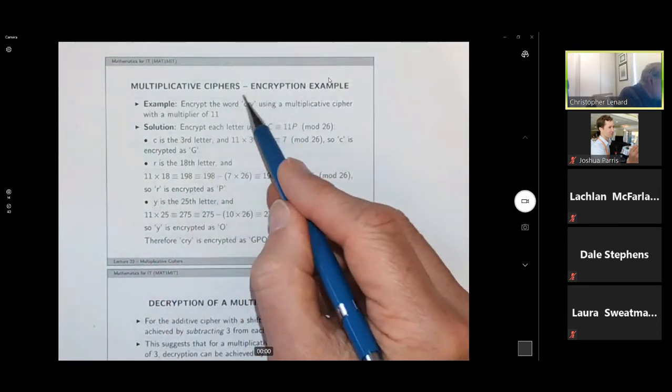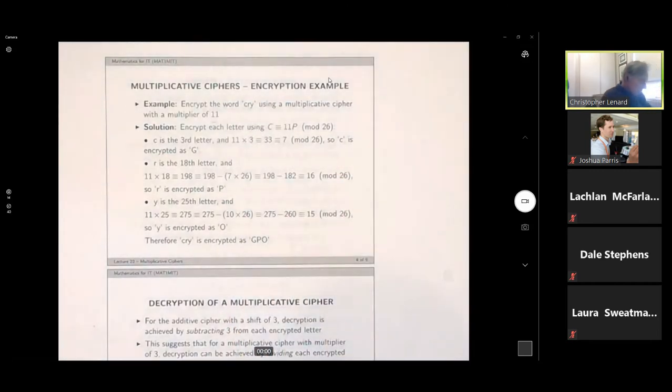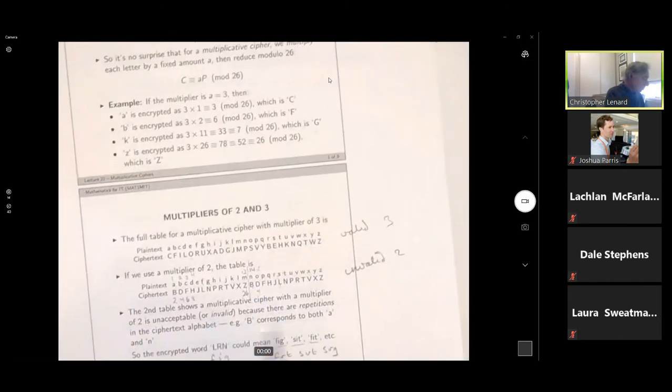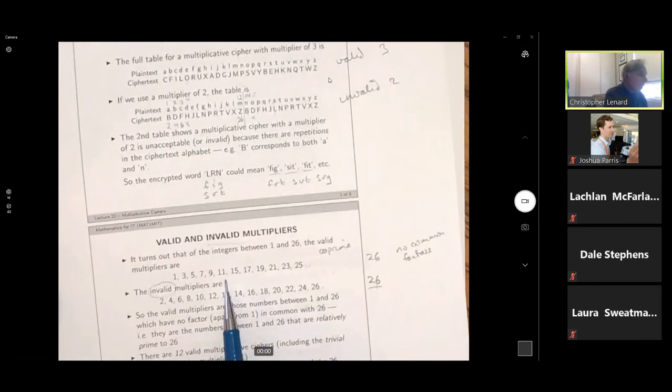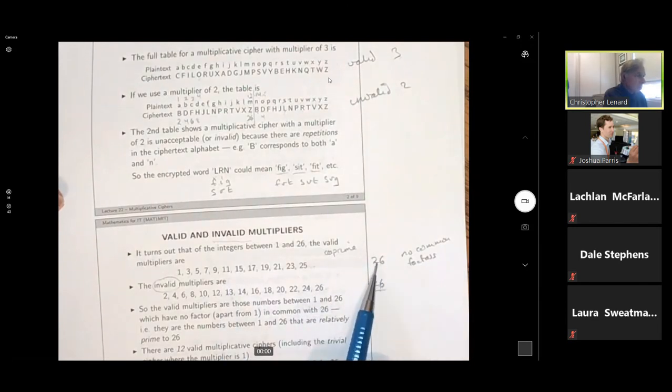So we've got plain text cry. We're going to use a multiplier of 11. 11's okay. It's on the list of valid things. It doesn't have a common factor with 26.